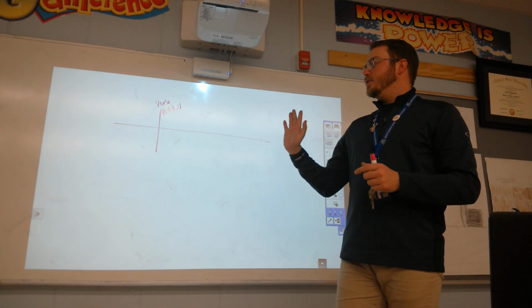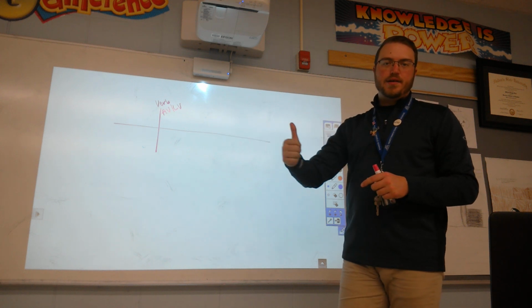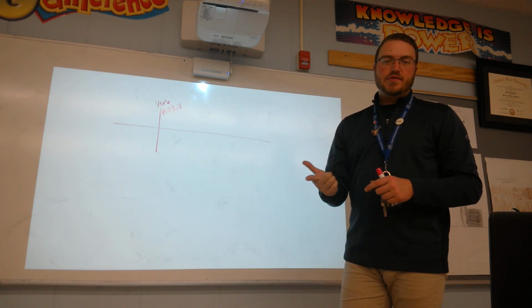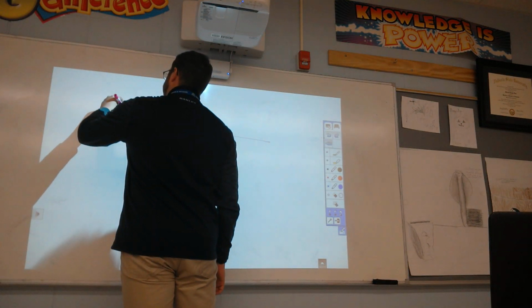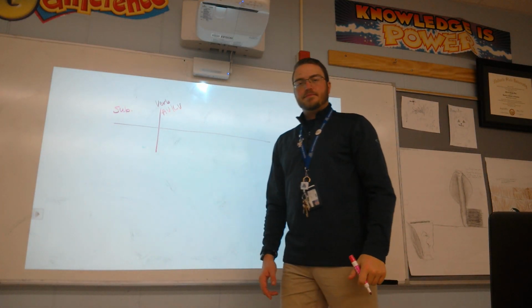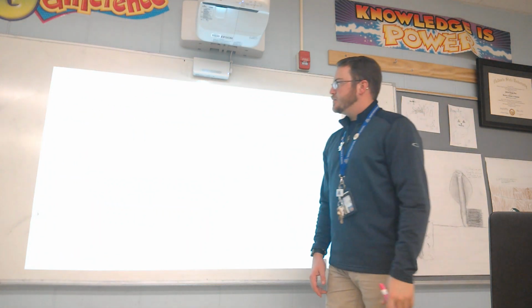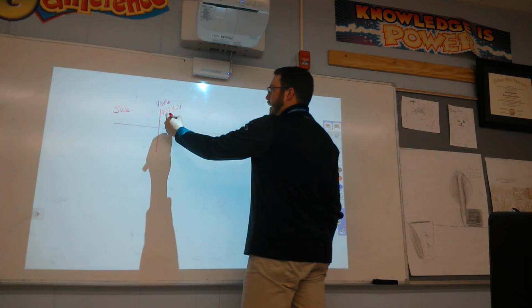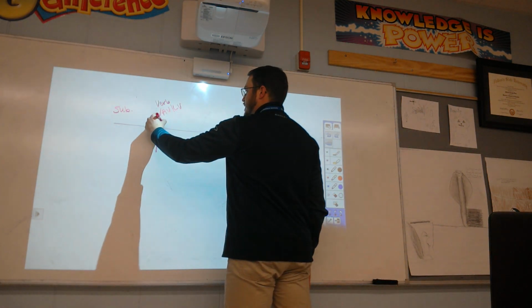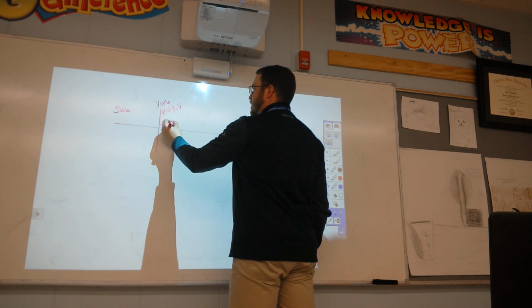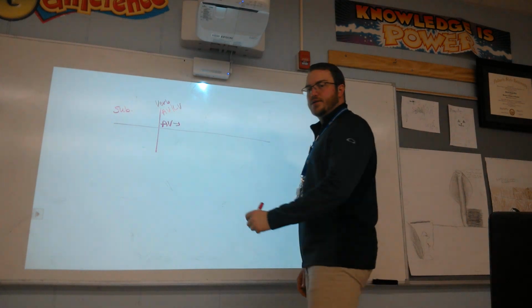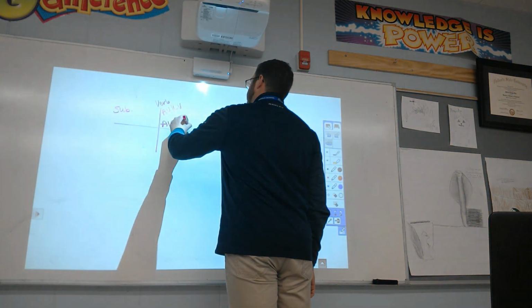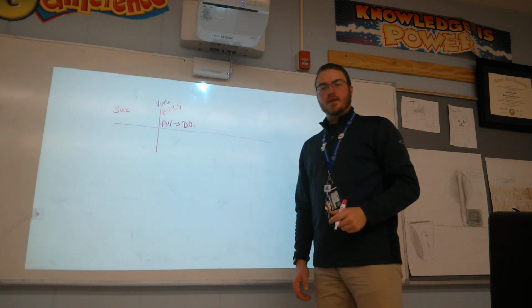Any word before that is either a noun or an adjective describing that noun. So we'll call that our subject. After our subject, we have our verb, and if we have an action verb, AV, and it's a noun that follows it, we call that a direct object. It is receiving the action.